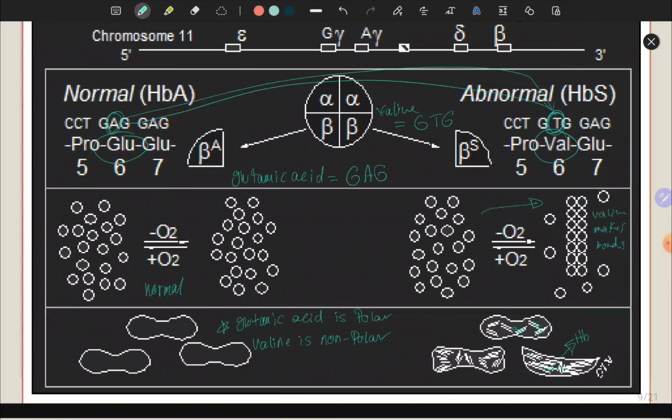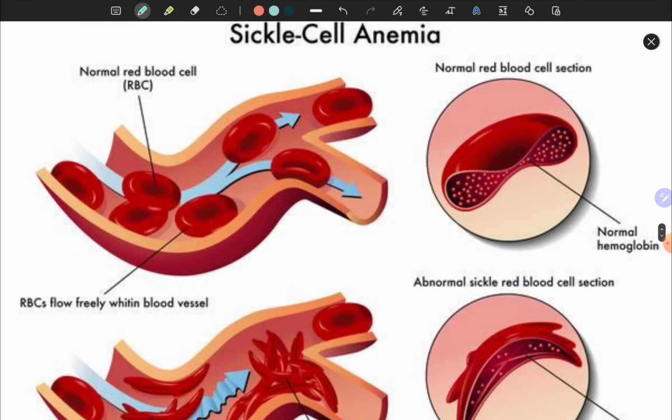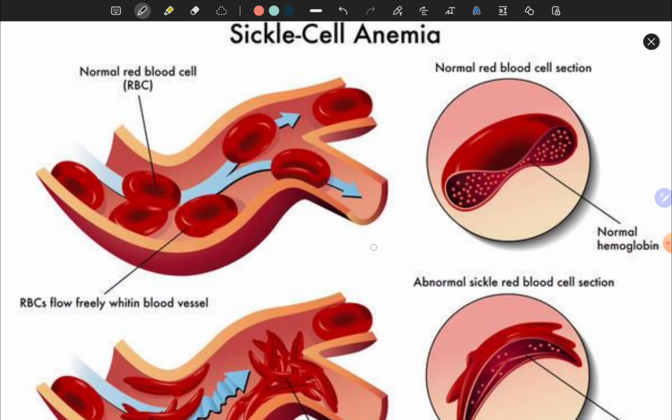So just understand this for me to explain the pathology before entering into the distribution. Second, this is a normal blood vessel branching into two narrower branches. Now this is a normal RBC, a biconcave, soft, compressible disc, and it passes through small blood vessels very easily because the hemoglobin inside is gel-like particles.